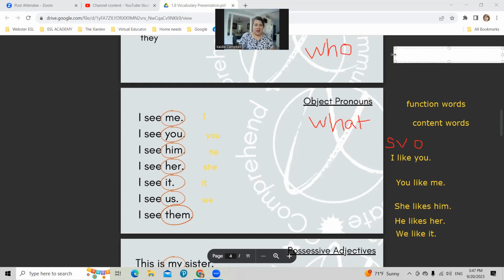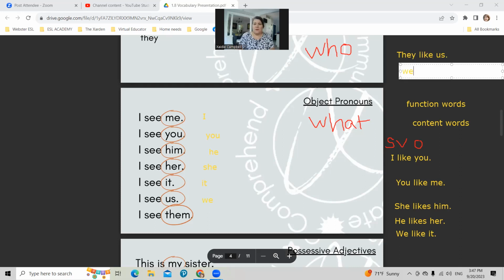Let's look at they. Are they like us? And we like them. Okay? They like us and we like them. So when you are using the object, those pronouns change.